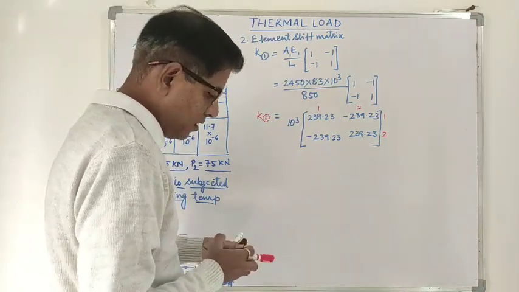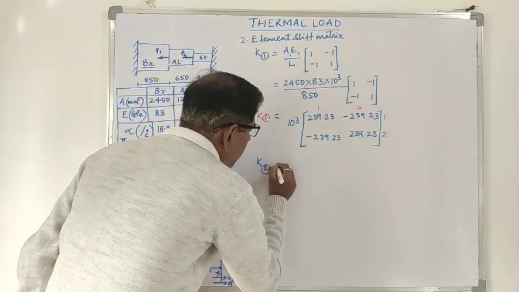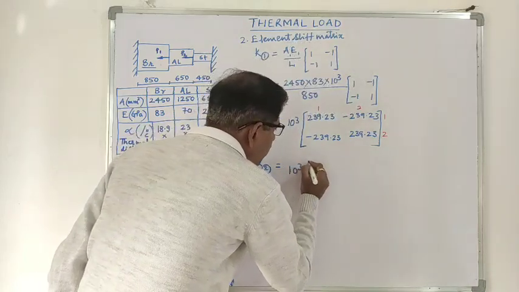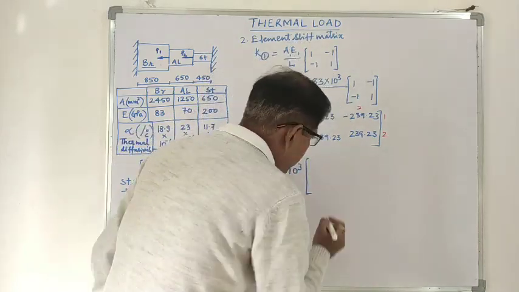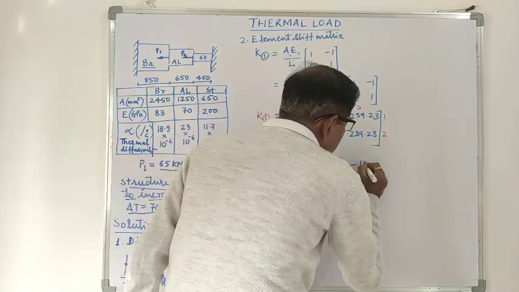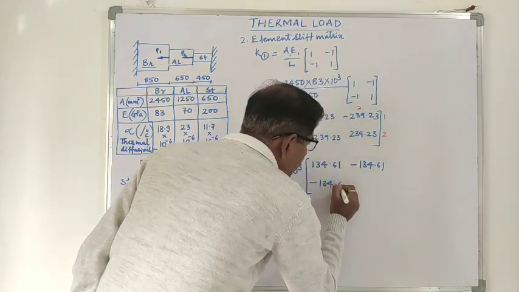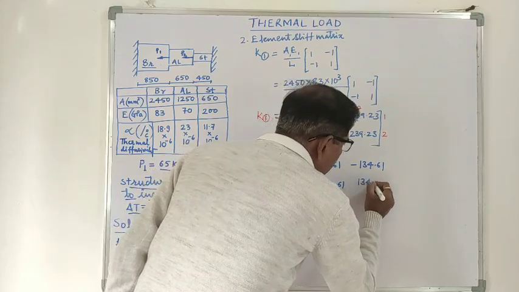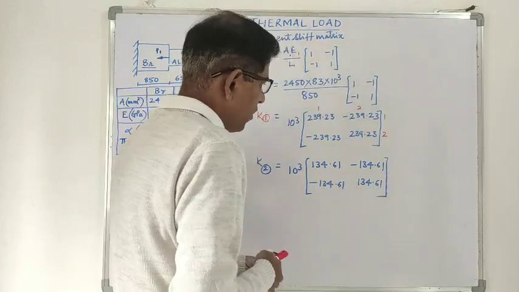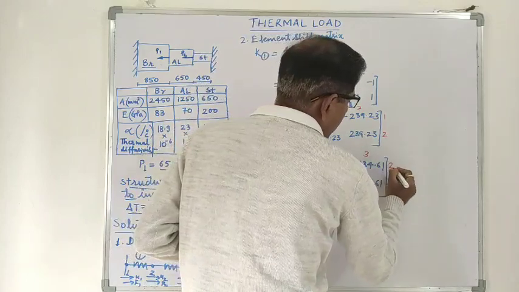Similarly, we calculate K2 and K3. K2, with 10 to the power 3 outside the bracket, is 134.61, minus 134.61, minus 134.61, 134.61. Element number 2 is made of node number 2 and 3, so we give the row and column numbers as 2 3 2 3.